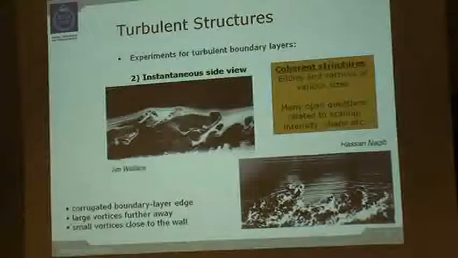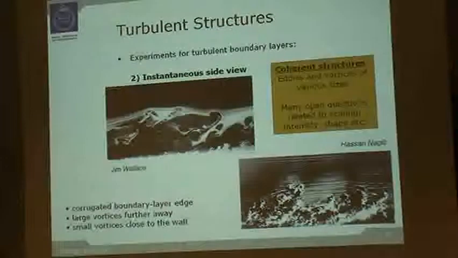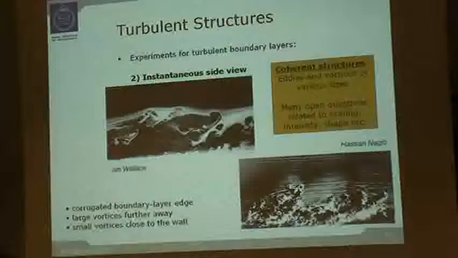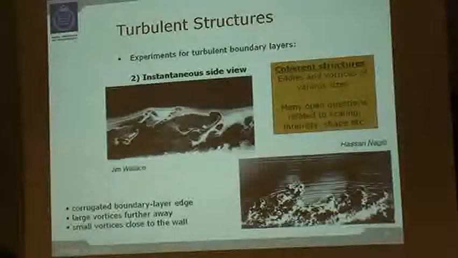Here we have one picture from Jimmy Wallace, here from Hassan and Keeb. I don't know what the Reynolds numbers were for these pictures, but it's probably a few thousand. And of course, what we see here is essentially the same as we had in the sketch a few slides before.